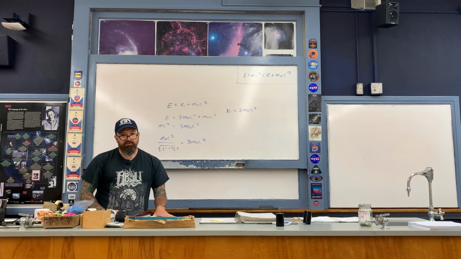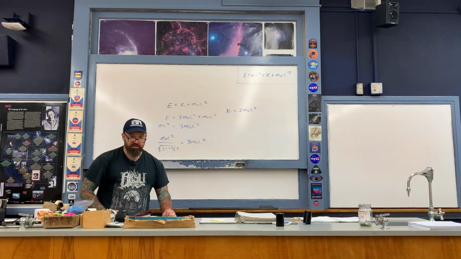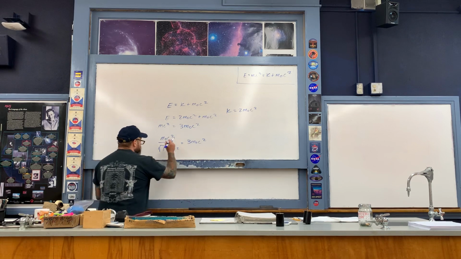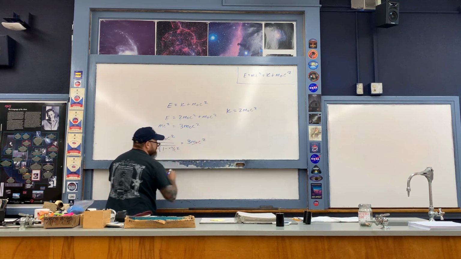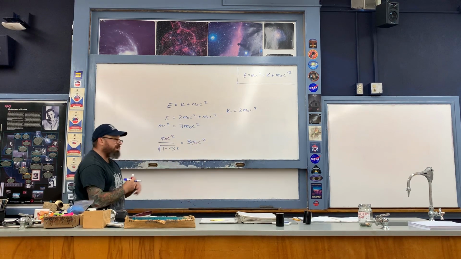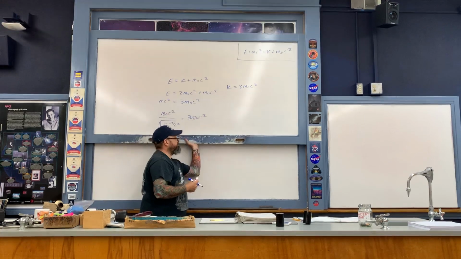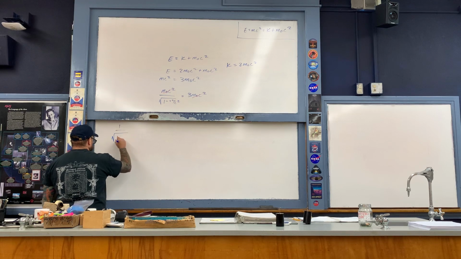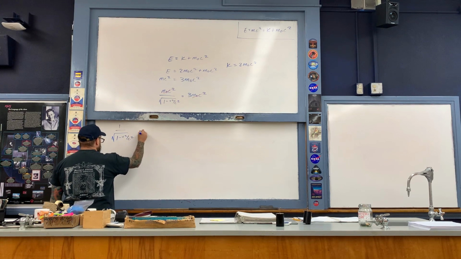When we do solve for V, we'll end up with a fraction or a percentage of the speed of light as the answer. So at this point, I just have to do a little bit of manipulation. Notice that the m0 c squared cancels, and then let me rewrite what is left over. That is this expression.